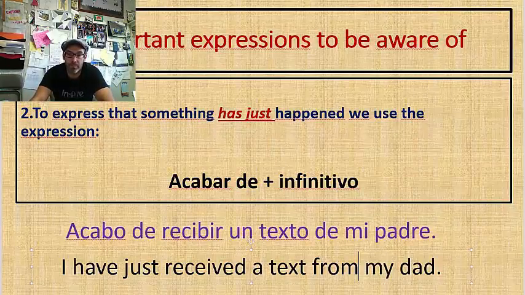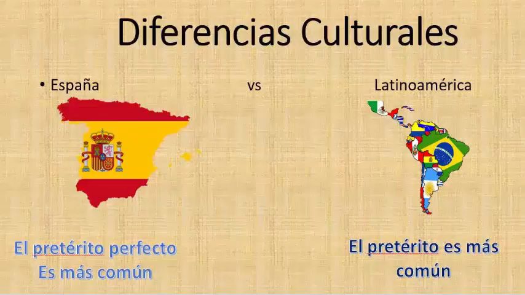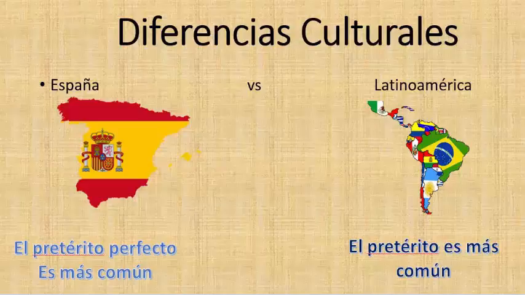Now just the cultural differences. Okay, and lastly, what we have here is the cultural differences of when the pretérito perfecto is used. It's pretty straightforward. Las diferencias culturales del pretérito perfecto.